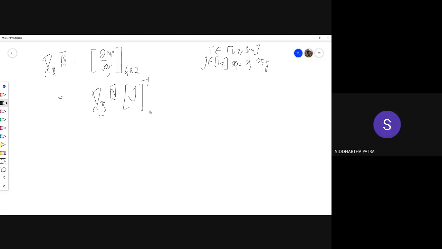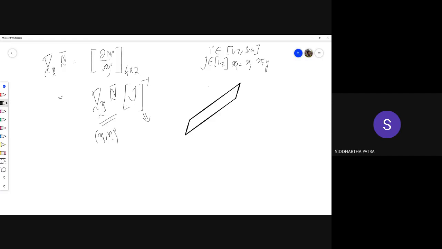Now you see, even if the geometry is a parallelogram, where the Jacobian is a constant, this gradient of N is still a function of xi and eta. In general, everything is a function of xi and eta.